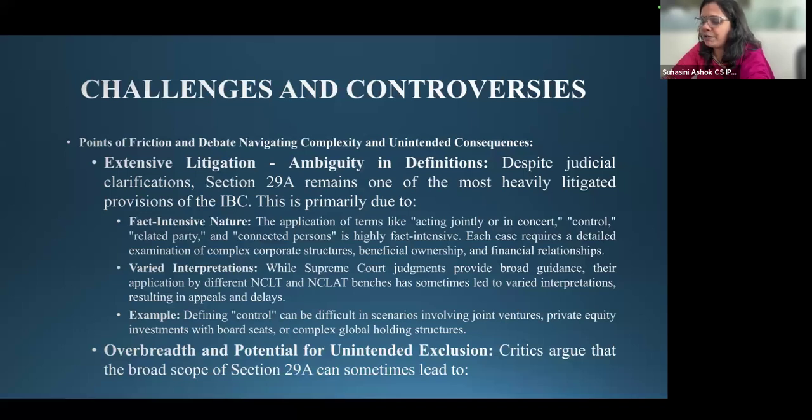When we see Section 29A(j), connected persons, control, all these are tricky issues where the RP and liquidator have to focus more, like certain joint venture agreements or board seats, global holding structures, some investment in subsidiary companies, a holding company, subsidiary company, associate company. All these complex issues we have to structure properly and do the diligence.